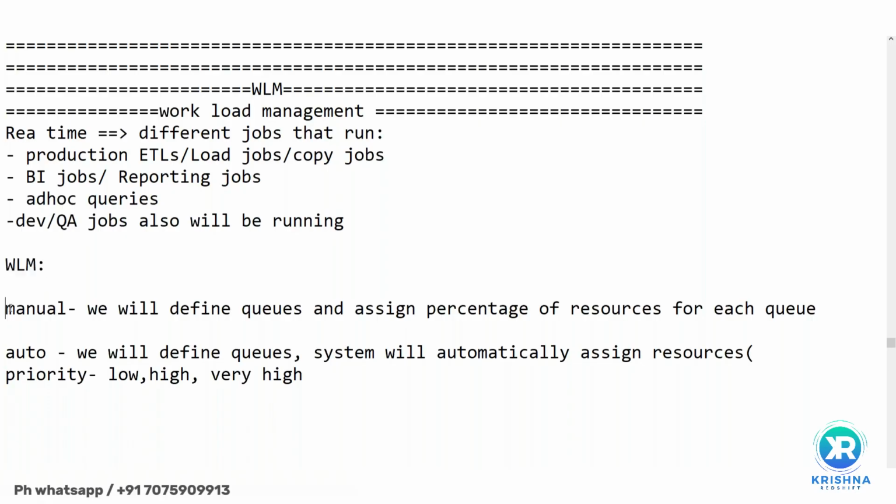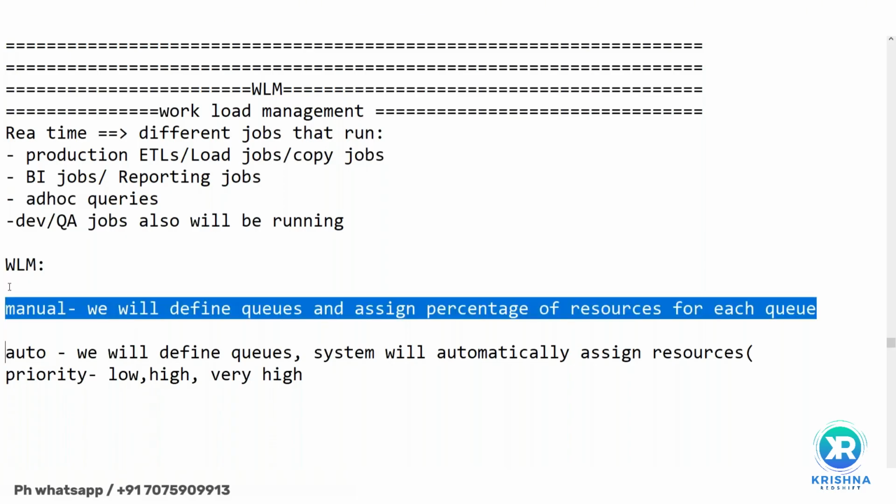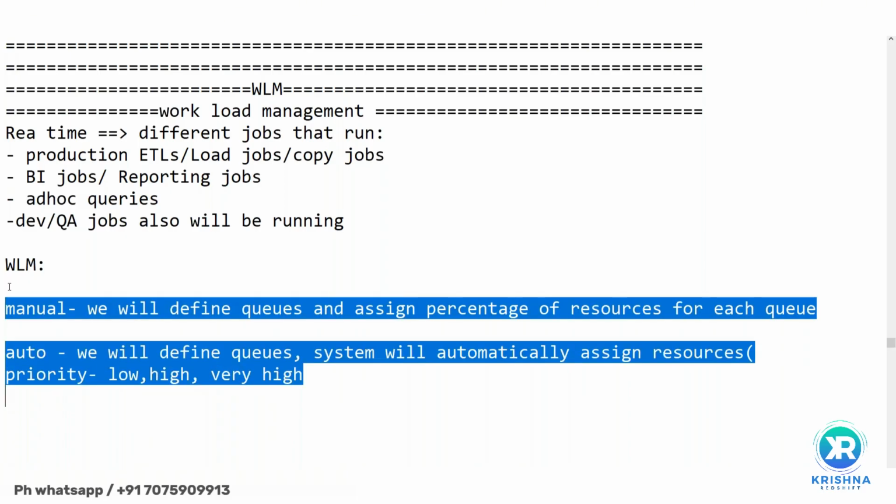So how to do it? Actually, there are two ways of implementing workload management in Redshift. One is manual WLM, and the other one is auto WLM. In manual WLM, we will define queues.